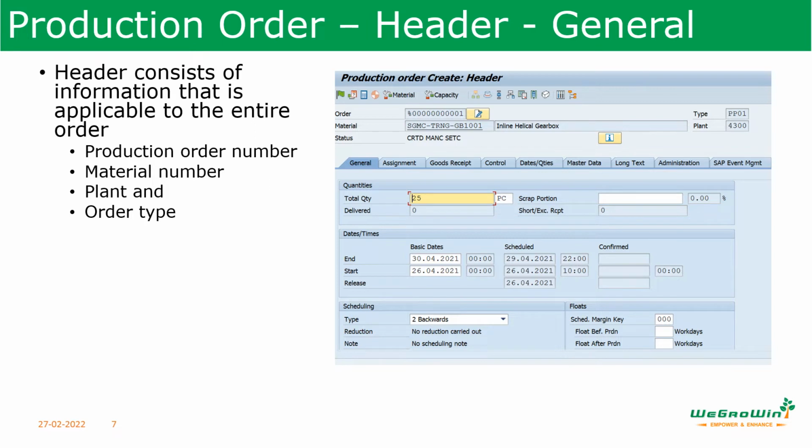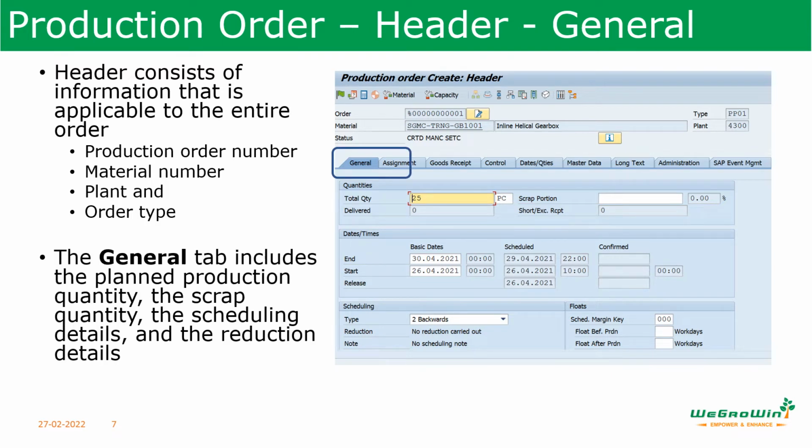In the header page, we have the details like the order number. Because the order is not created so far, it is showing like this number. Once order is created, a proper number will be shown. Then it is showing which is the material number, what is the plant, what is the order type. And the header page is having various tabs. First is the general tab.